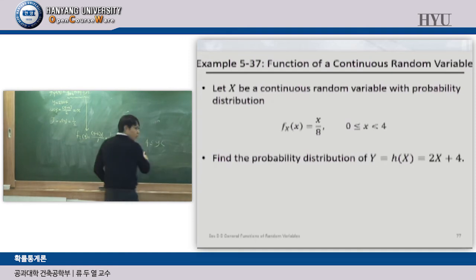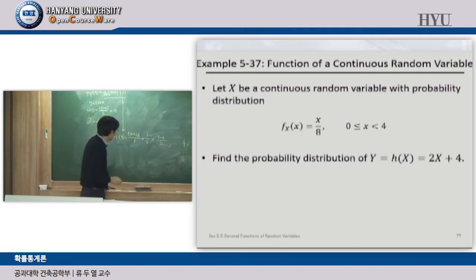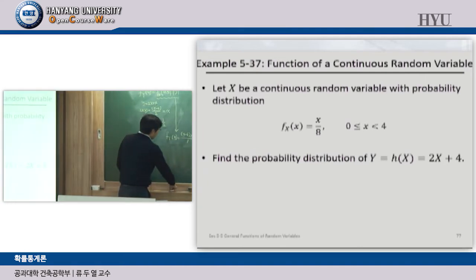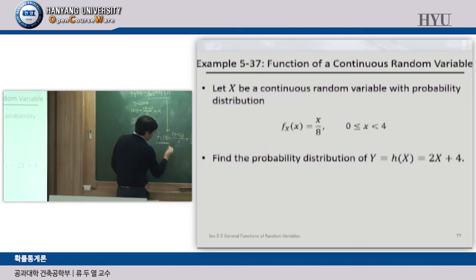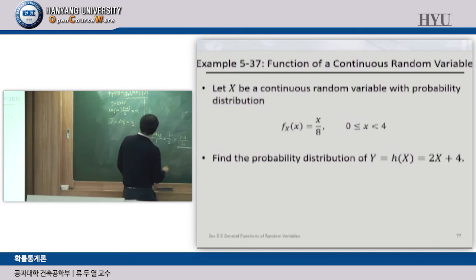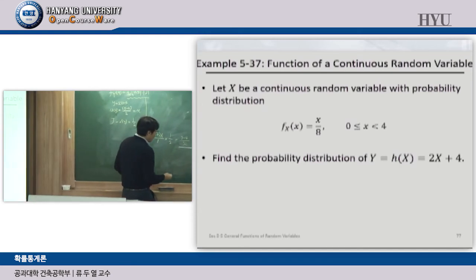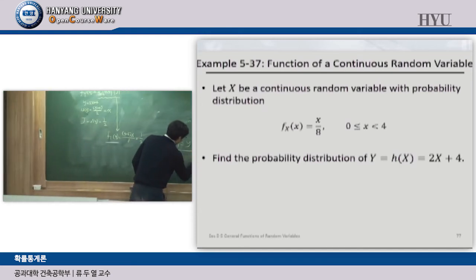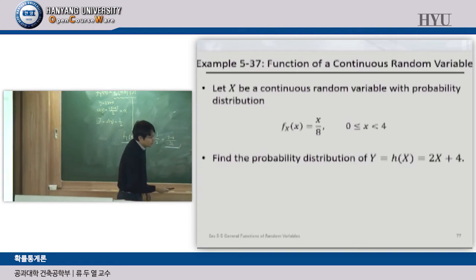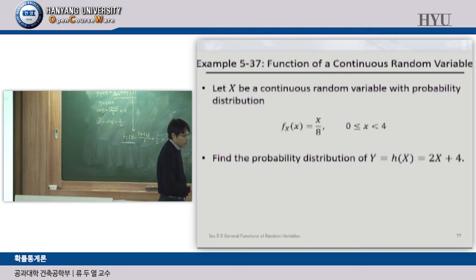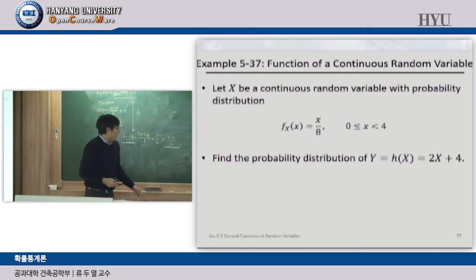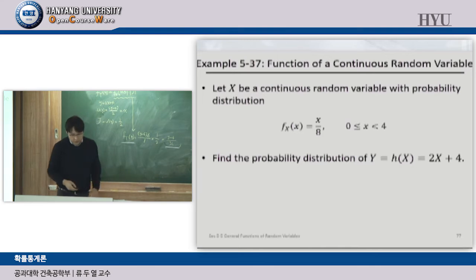So y should be between 4 and 12. So this is the probability density function of y when f(x) is given, and also the relationship between x and y is given. Okay? So this is the answer of example 5-37.